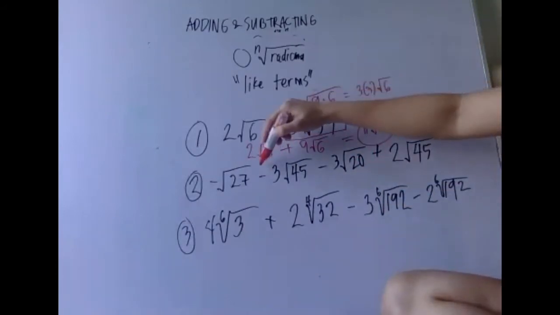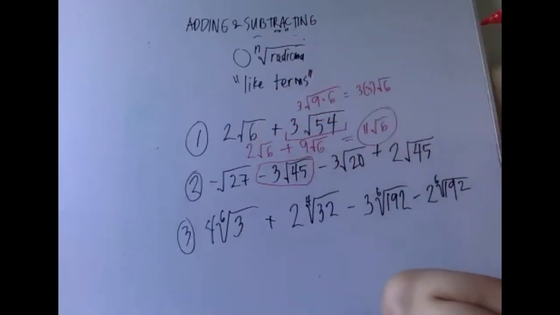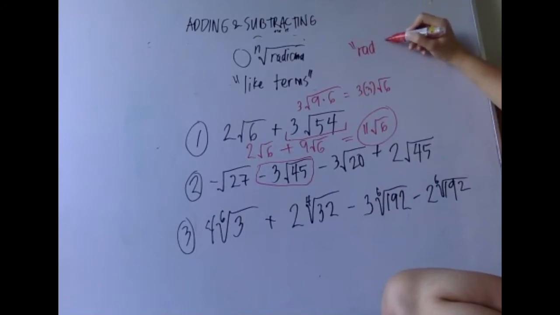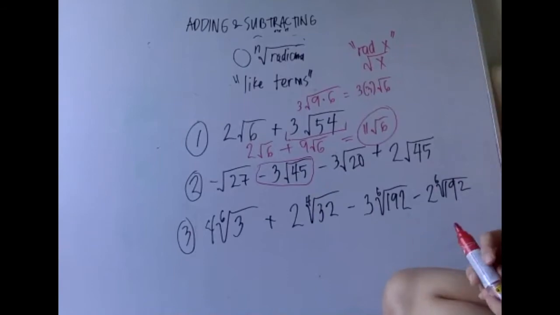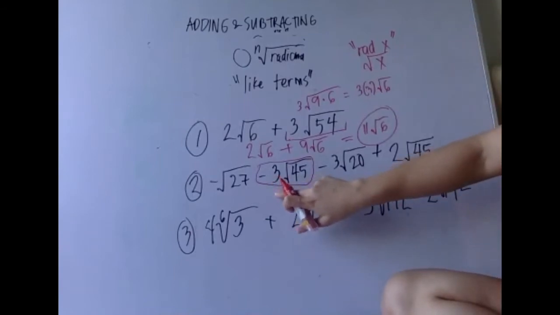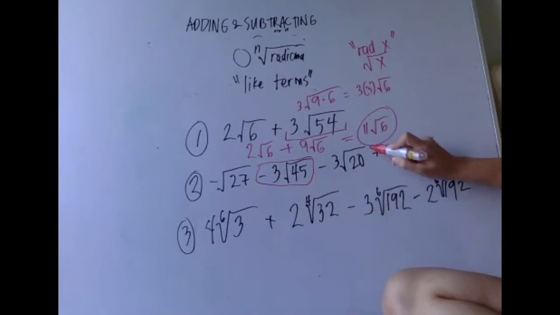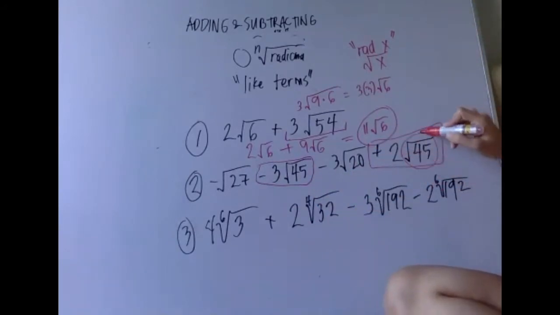We have 27, 45, and square root of 20. If mapapansin nyo, itong dalawang to, negative 3 rad 45. When I say rad, then a number, like, let's say rad x, ito lang din yan. Okay? I'm just gonna use rad x. Nakakapagod magsalita ng square root. Okay, negative 3 rad 45, and ito positive 2 rad 45. Pareho silang 45.